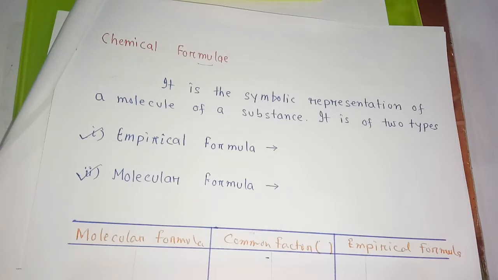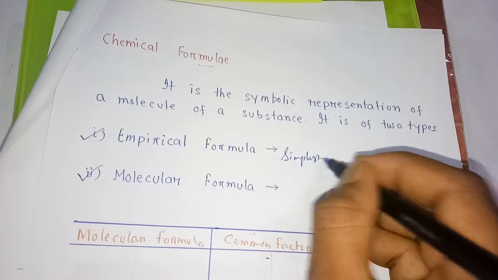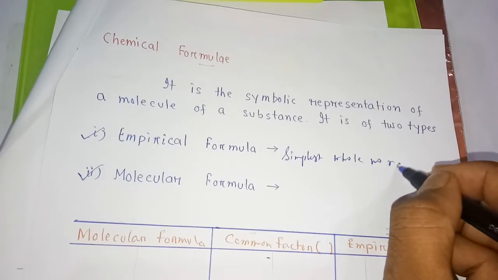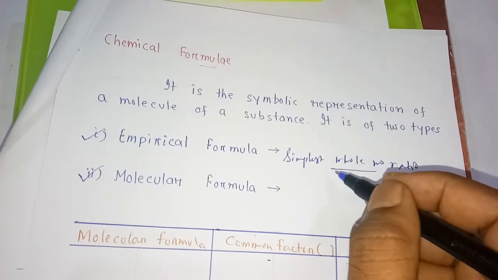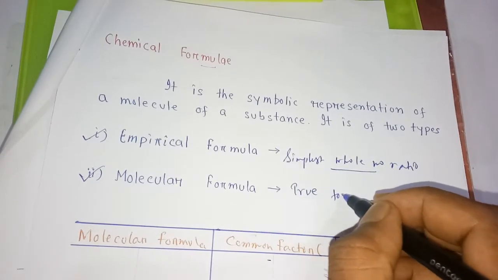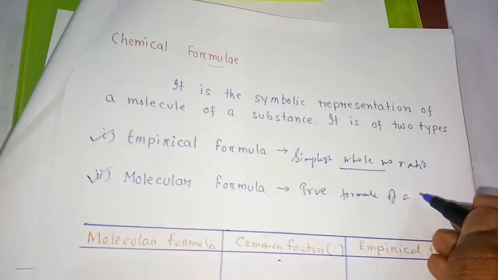The empirical formula is the simplest whole number ratio, and the molecular formula is the true formula of a molecule.